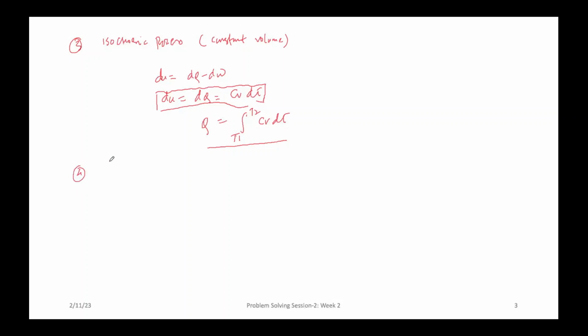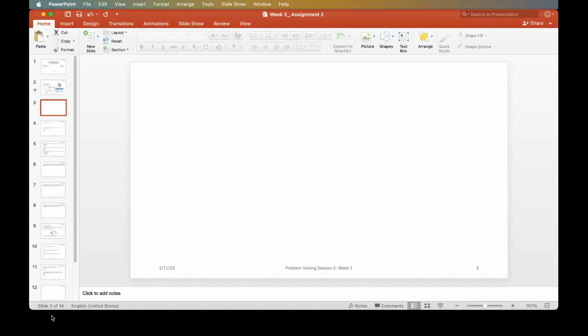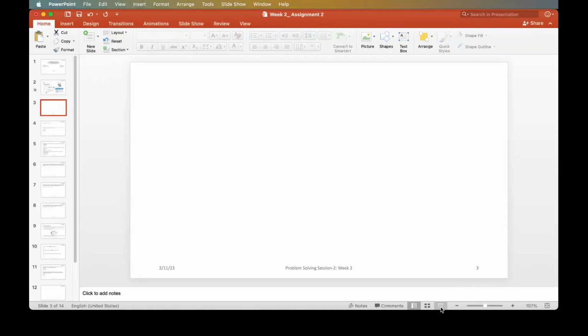Now coming to the adiabatic process. The fourth one is the adiabatic process.